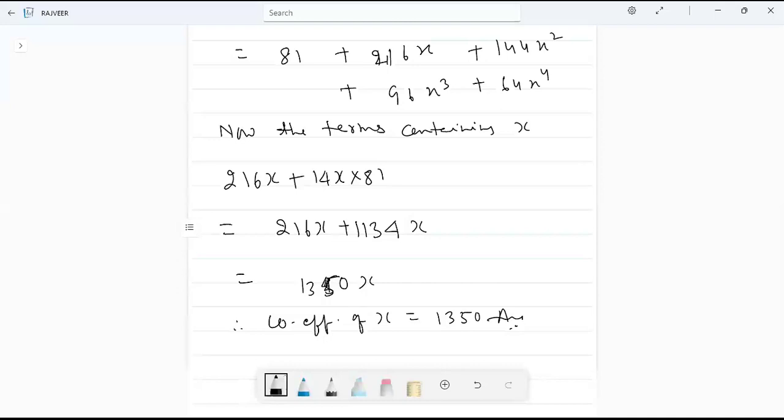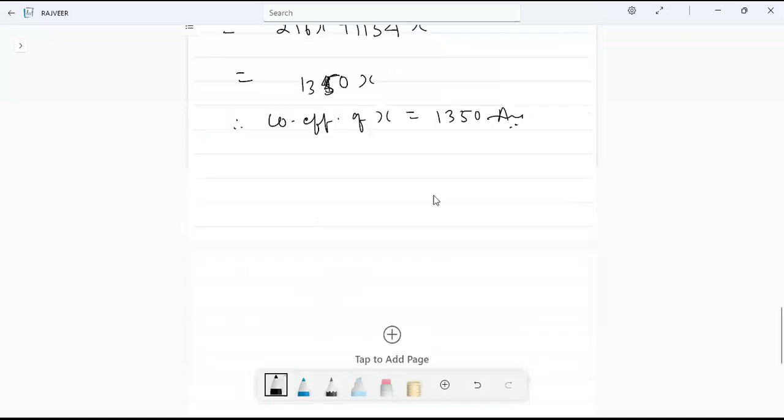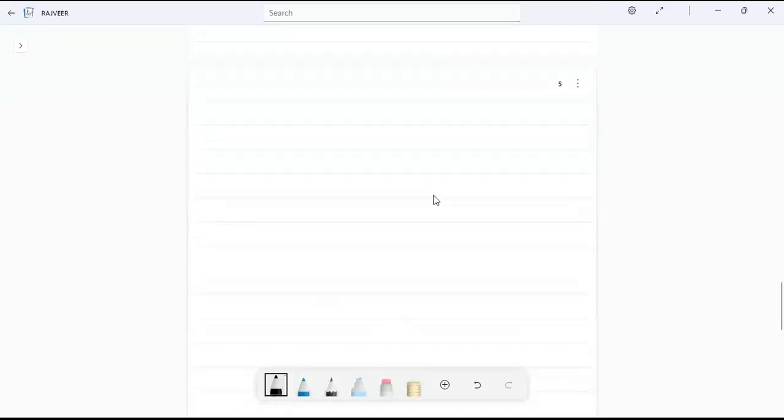So I think you can get help from there also. I just want to make you understand those parts where you cannot find the solution. Okay, so doing question number 18.